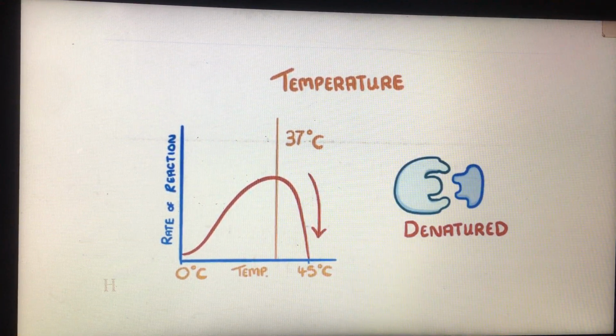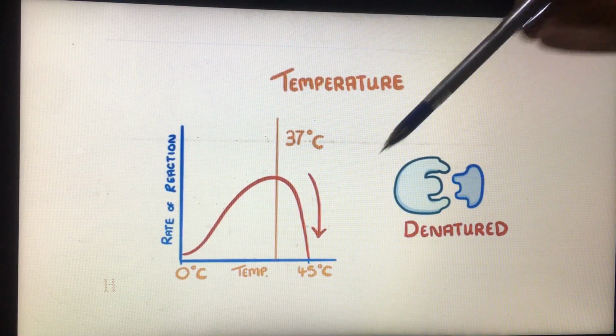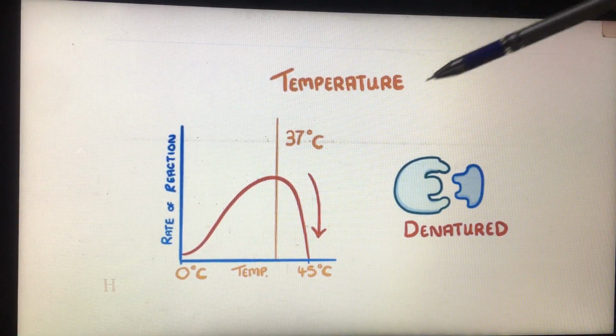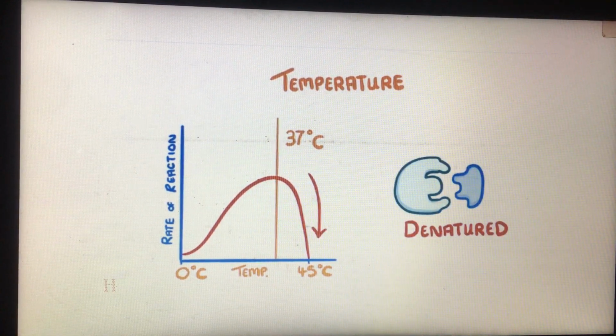But actually, all of that happens before 37 degrees Celsius, because after 37 degrees Celsius, the enzyme activity starts to drop rapidly.